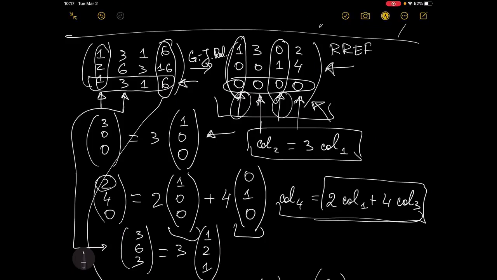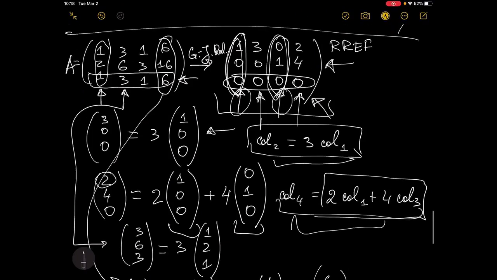From here, immediately you can see that all other columns can be expressed through some linear combination, like here or like here, through the columns corresponding to leading ones. It means that in your original matrix A, these columns will form a basis, right?